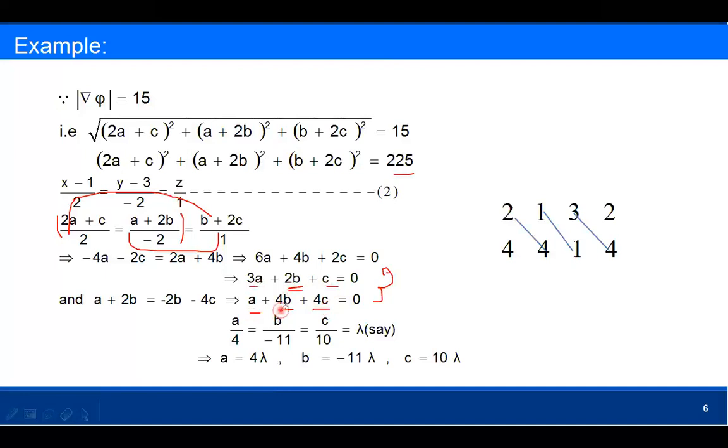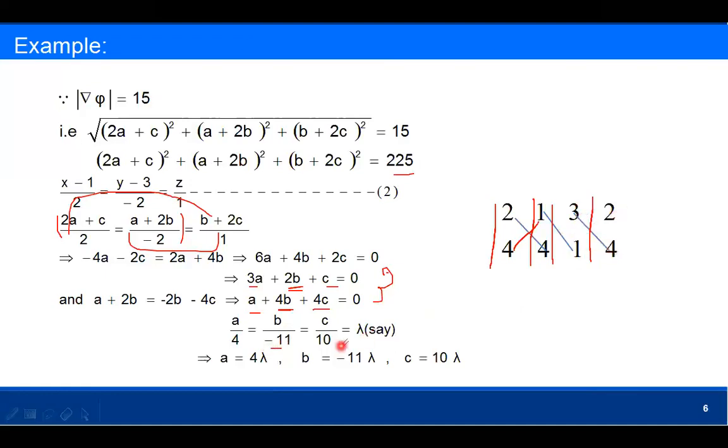Now find a by the remaining two, determinant of this, that means 2 into 4, 8 minus 4, that is 4, equal to b upon, so find these two values determinant of this, so that is 1 into 1 minus 4 into 3, that is 1 minus 12, equal to, so for the last value, take this 2 by 2 determinant, so 3 into 4, 12 minus 2, that is 10.